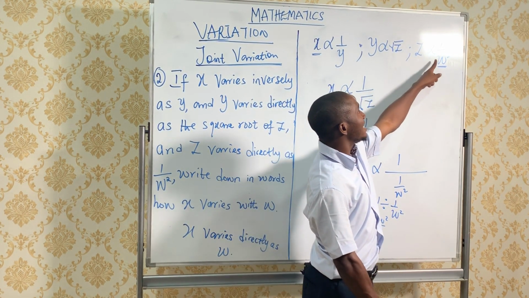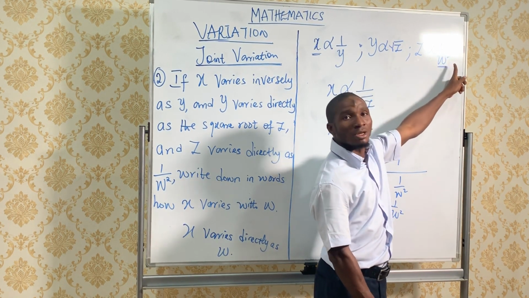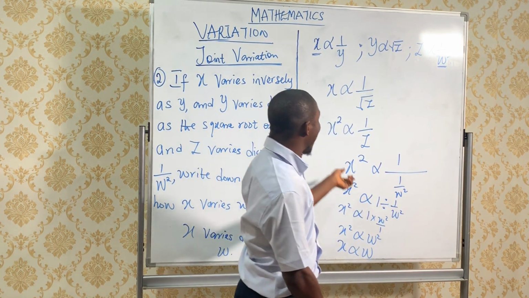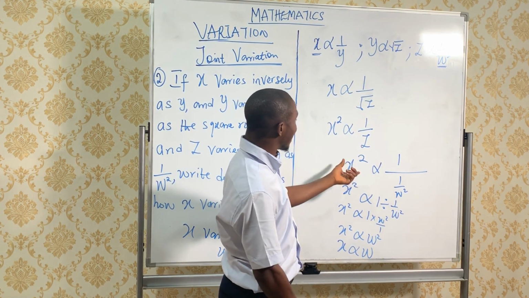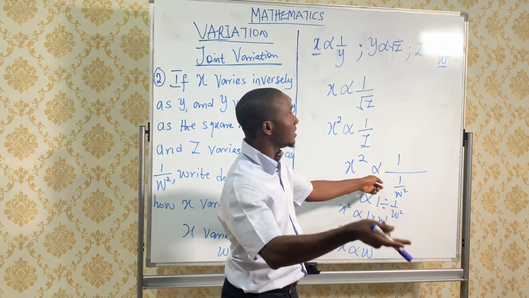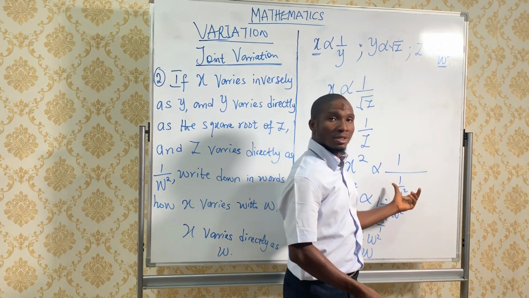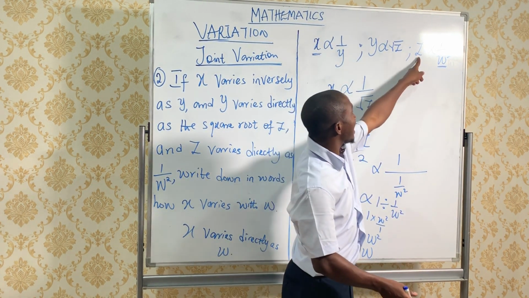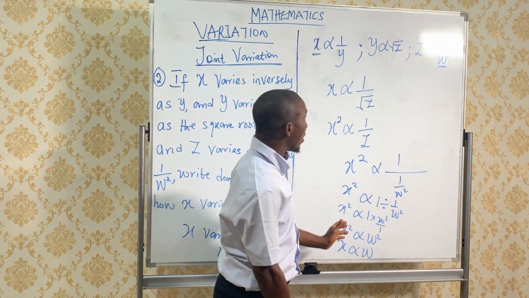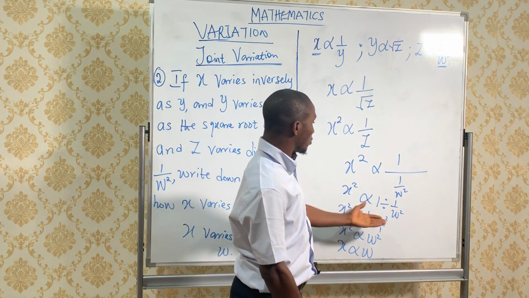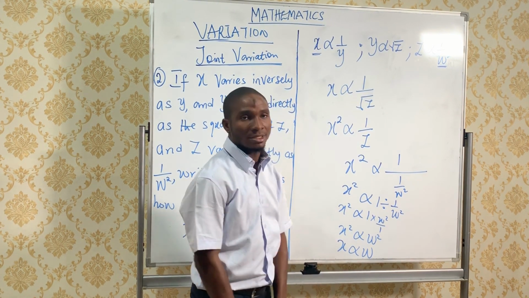If z varies directly as 1 over w squared, and x squared varies inversely as z, then it shows that x squared also varies inversely as 1 over w squared, since the relationship between z and x squared is inverse. And that's how we connect x squared to w squared to get the final answer.